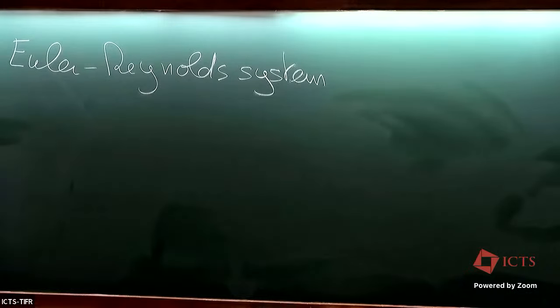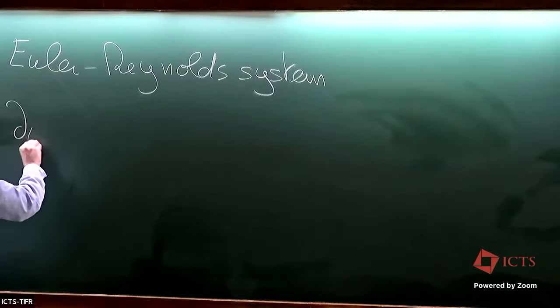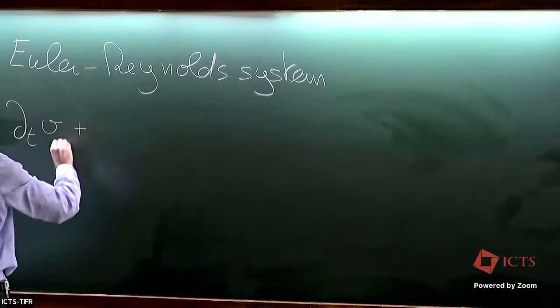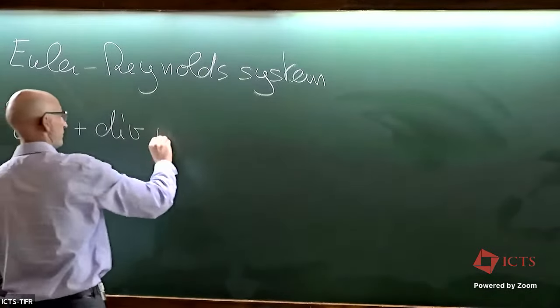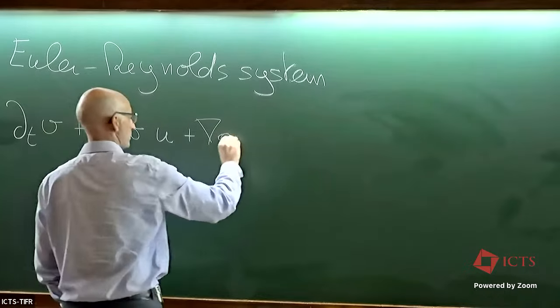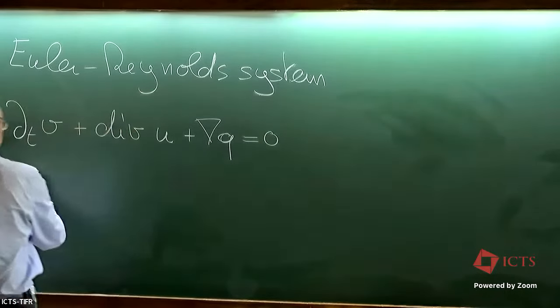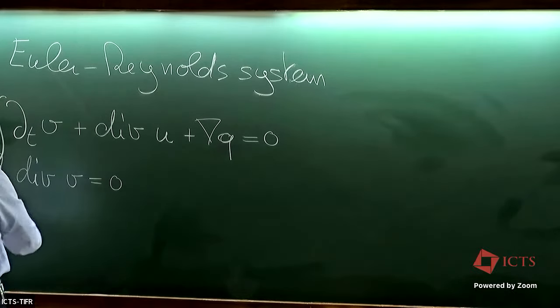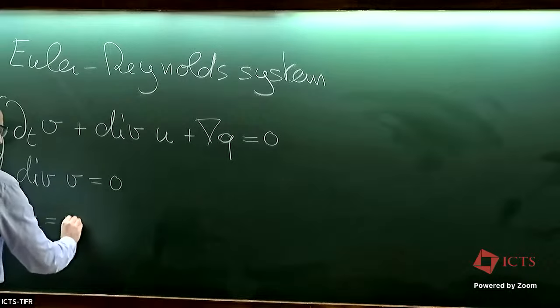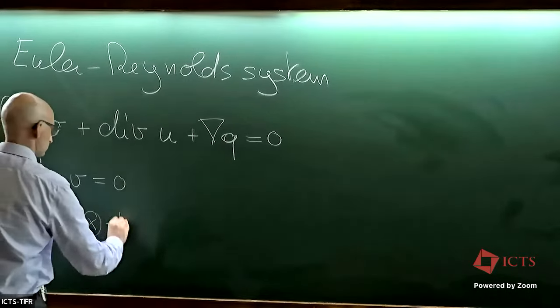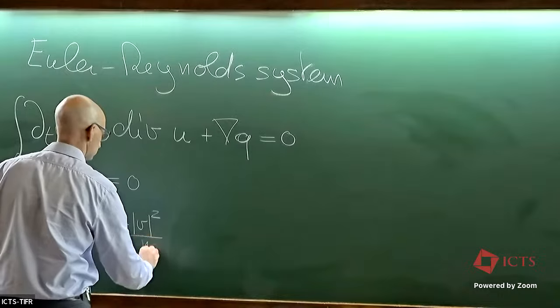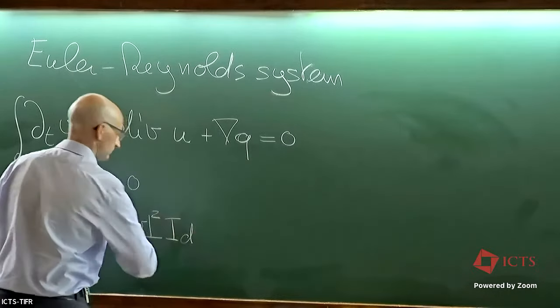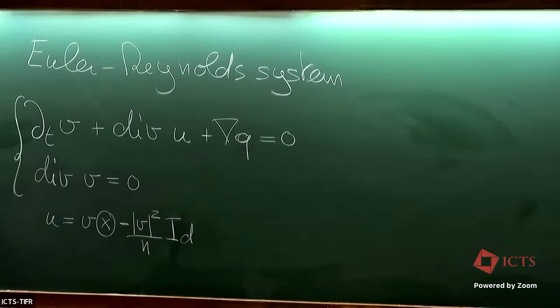So if you remember in the second lecture, so we wrote the Euler equation in the following way. Okay? We wrote the Euler equation in the following way, and then we found solutions.